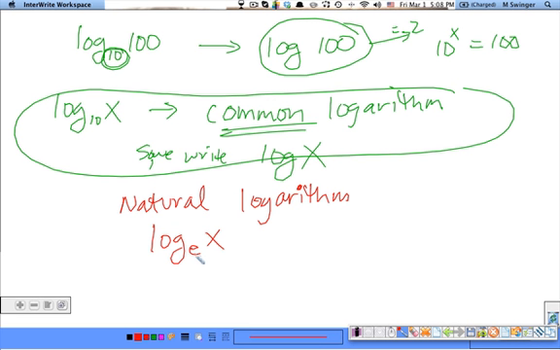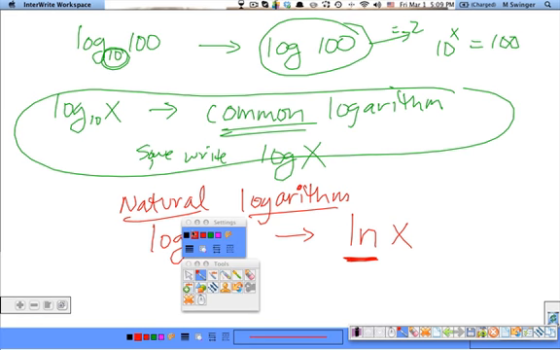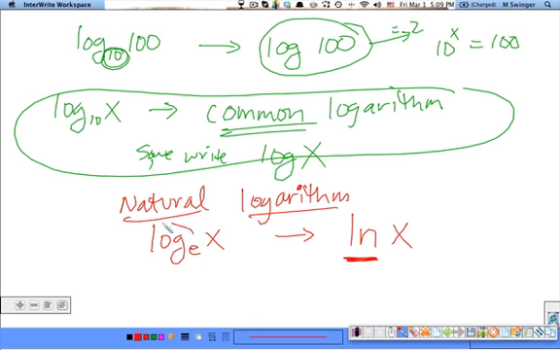And that would mean e to some power equals x. But we don't write it log base e. All right, but understand this: log base e is the same as ln x. ln just means natural logarithm. So instead of writing log e, we write ln instead. Instead of writing log 10, we just write log.